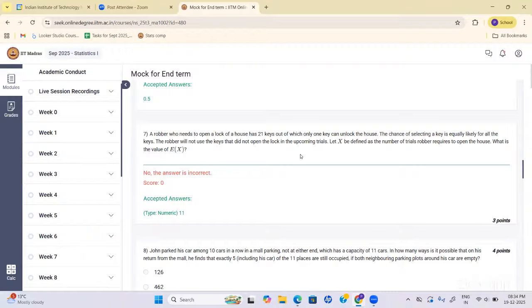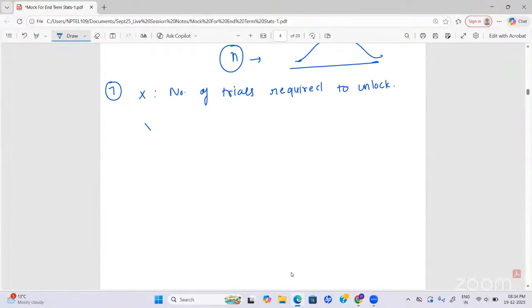So here X is taking values 1, 2, 3, and up to 21. And what will be the probabilities? 1 by n, 1 by 21. Yes, so 1 by 21.